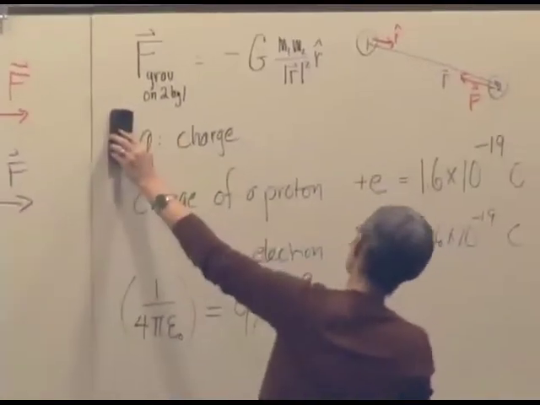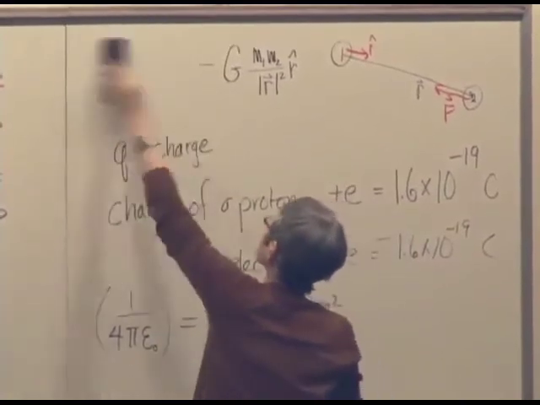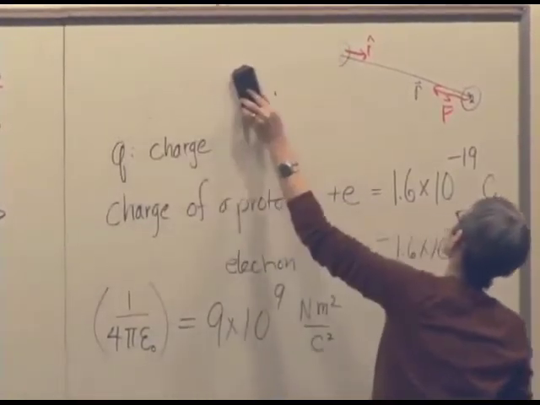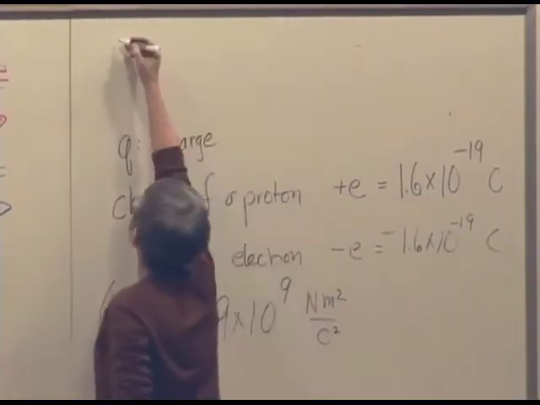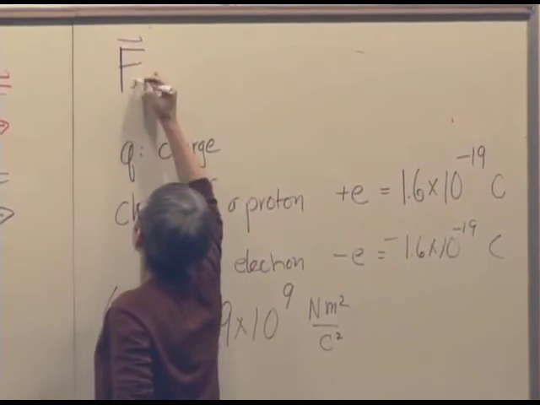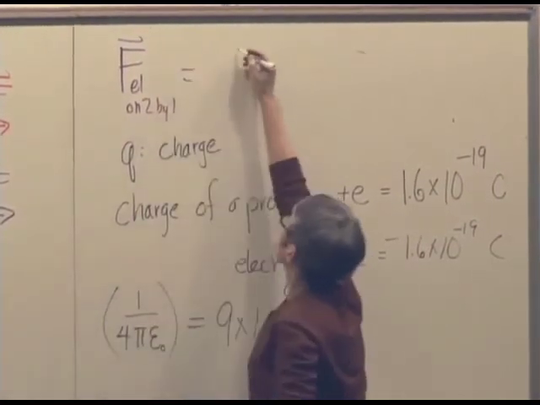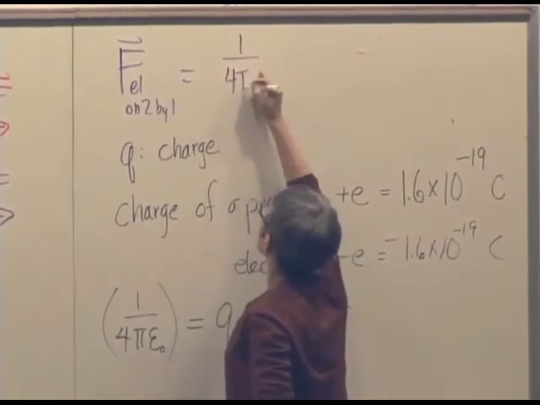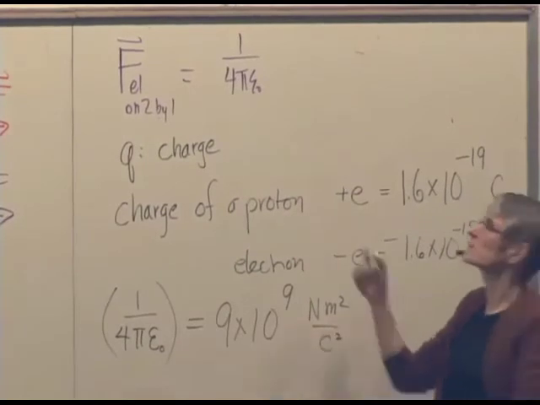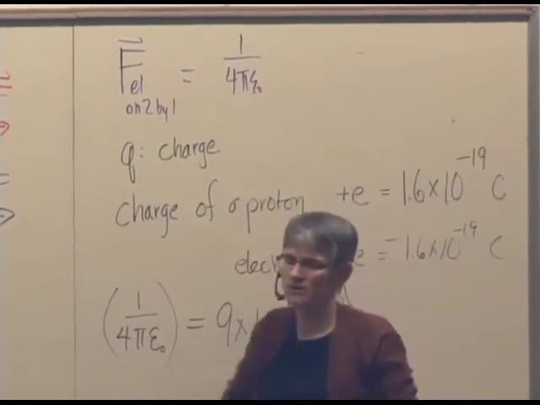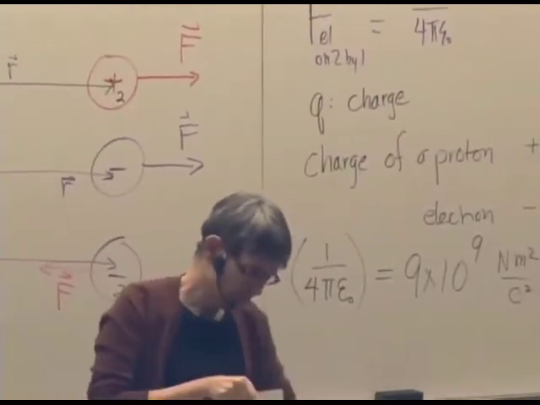So let's see if we can squeeze this in somewhere. We'll erase the gravitational force and write the electric force up here. So we have this constant 1 over 4 pi epsilon 0, and the whole thing is equal to this 9 times 10 to the 9th, which means that epsilon 0 is something like 8.5 times 10 to the minus 12th or something. It's in the back of your textbook.